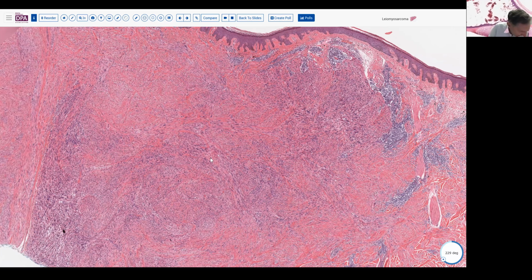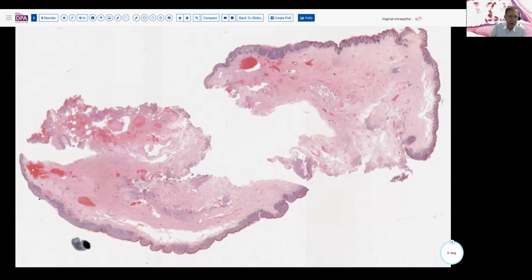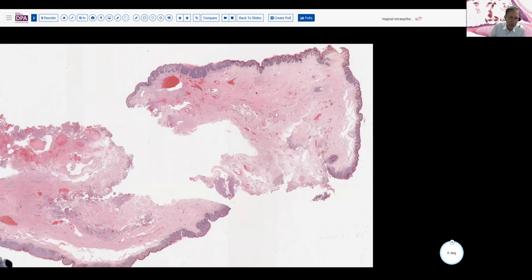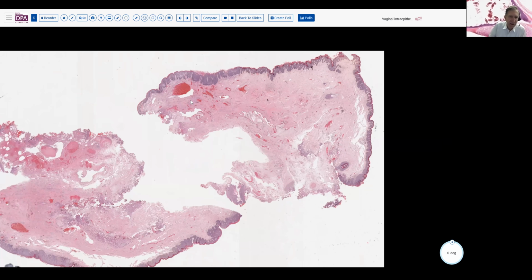Okay, let's go a little bit further up the tract here, and I have some tissue samples here taken from the vagina. And I think this is a patient who had a history of cervical intraepithelial neoplasia and had a hysterectomy, and then presented with some abnormalities on follow-up exam in the vaginal mucosa.